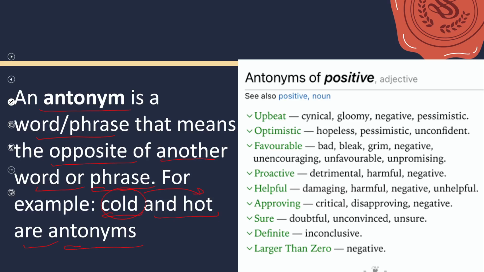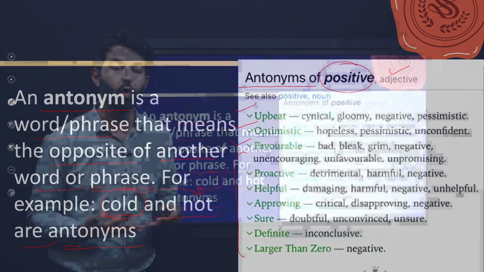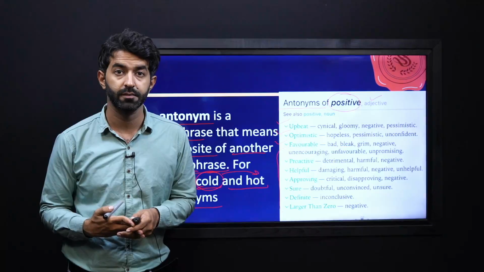Here you can see all these different antonyms of the word positive, which is an adjective. Upbeat, optimistic, favorable, and all that. So all these words are antonyms of the word positive.